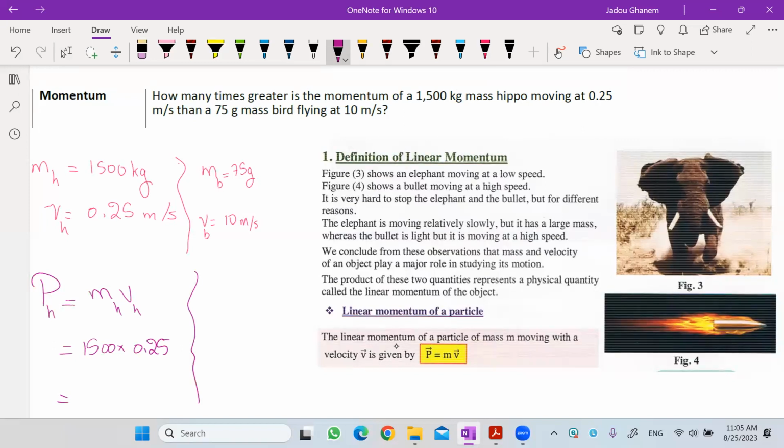And now we'll find the answer. What is p_h? It is the linear momentum, or the momentum. So P is the momentum and H represents the animal, which is a hippo.